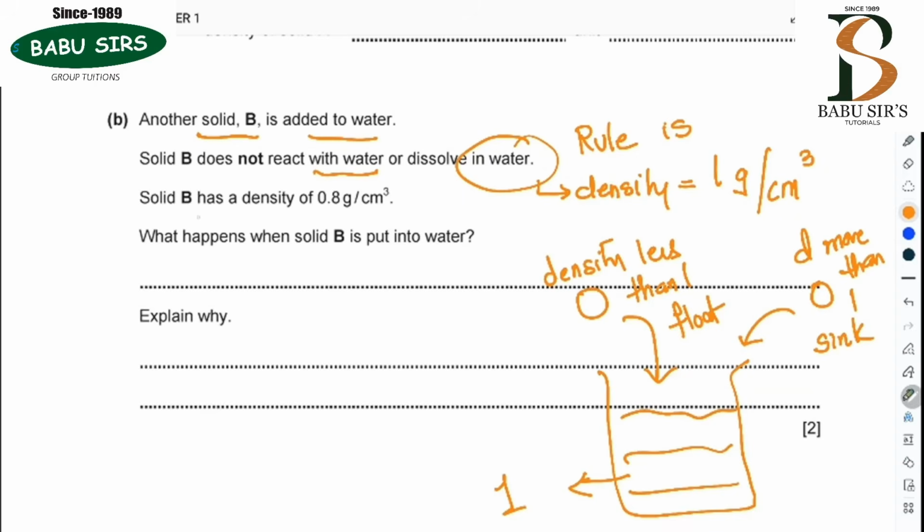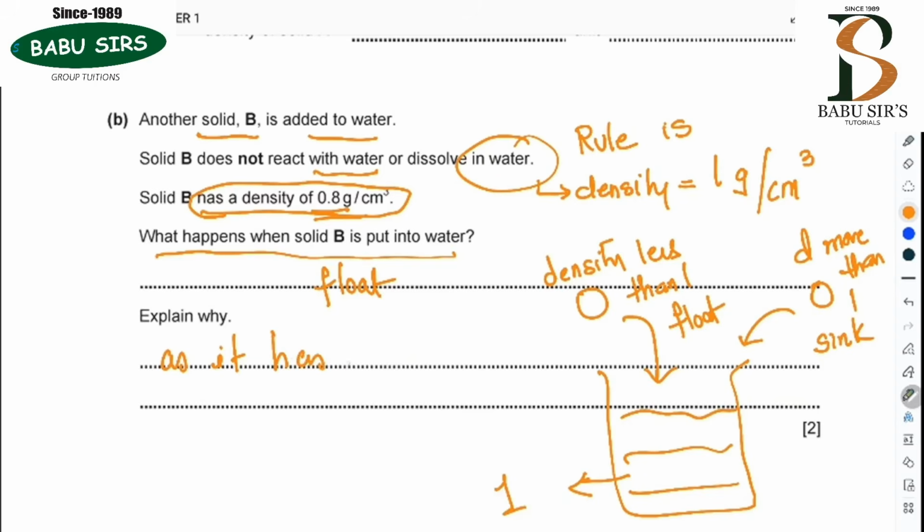So here it is written solid B has density, I think so, this is less than 1. So what will happen? It will float. Now why will it float? As it has density less than the density of water.